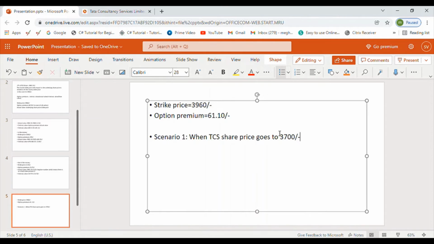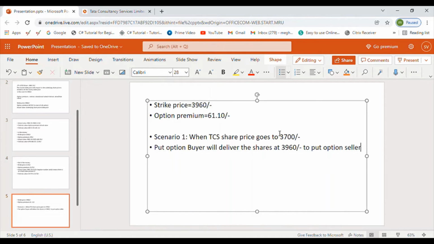He will definitely deliver the shares to the put option seller at the 3,960 strike price, and the put option seller has no choice but to take the delivery.